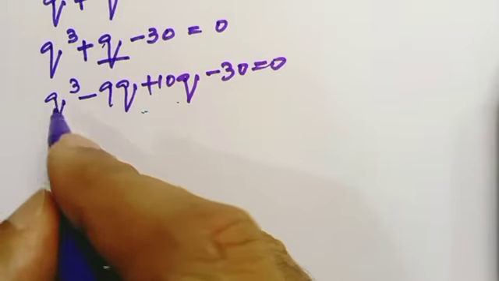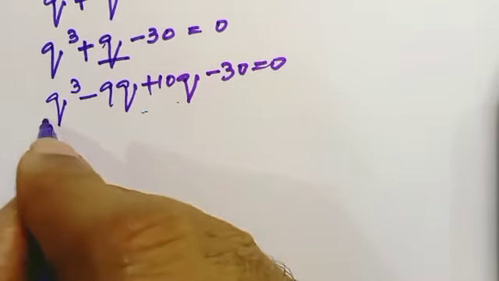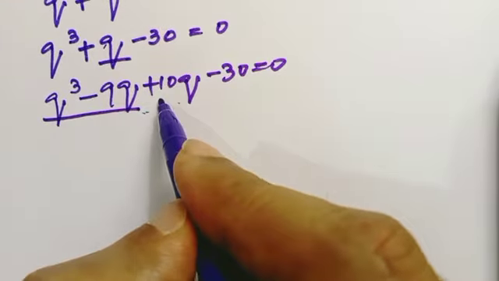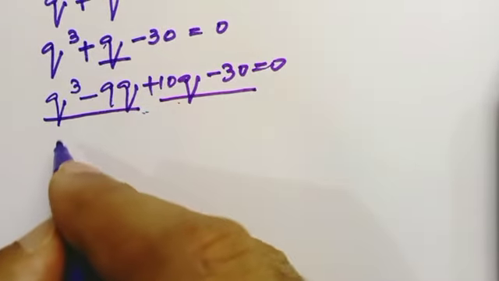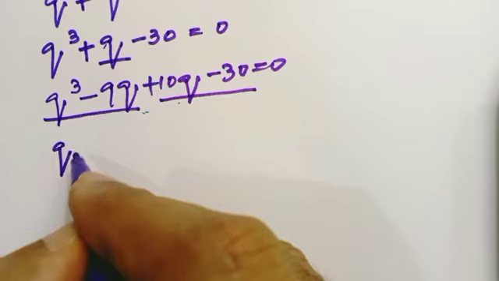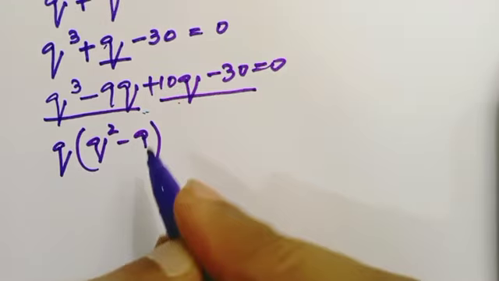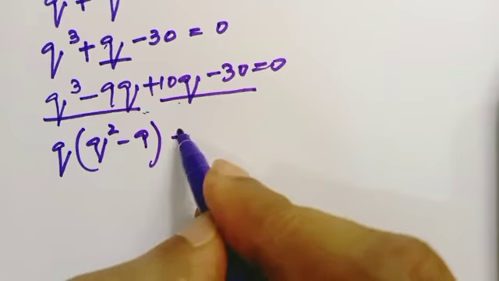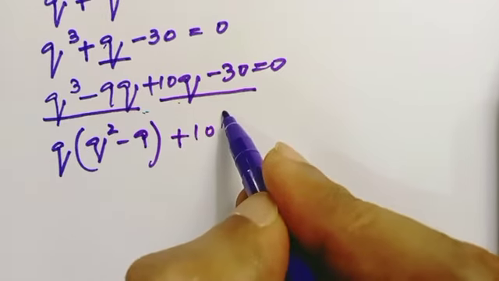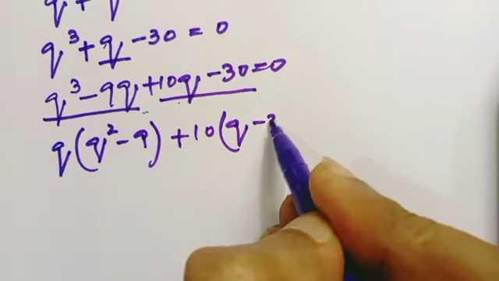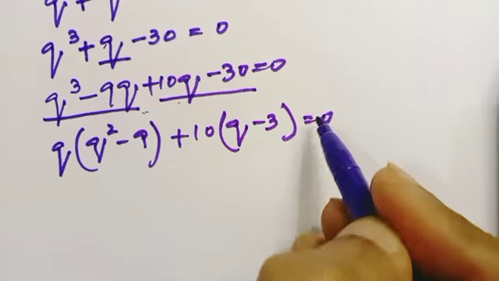Taking q common from the first two terms, q(q^2 - 9), and 10 common from the last two, plus 10(q - 3) = 0.